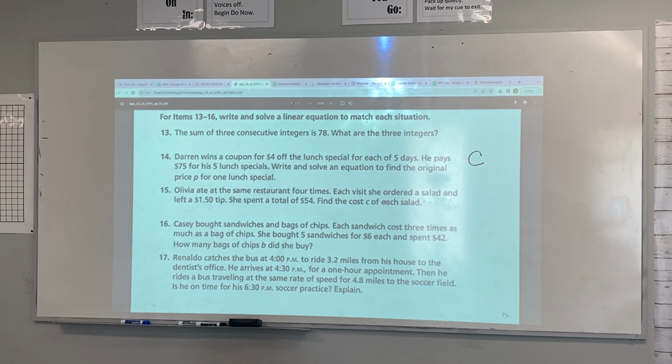Four times. Oh, P. So we're using C as our variable. Did anybody else have this? Doesn't it still work? It's just a different variable, P instead of C.